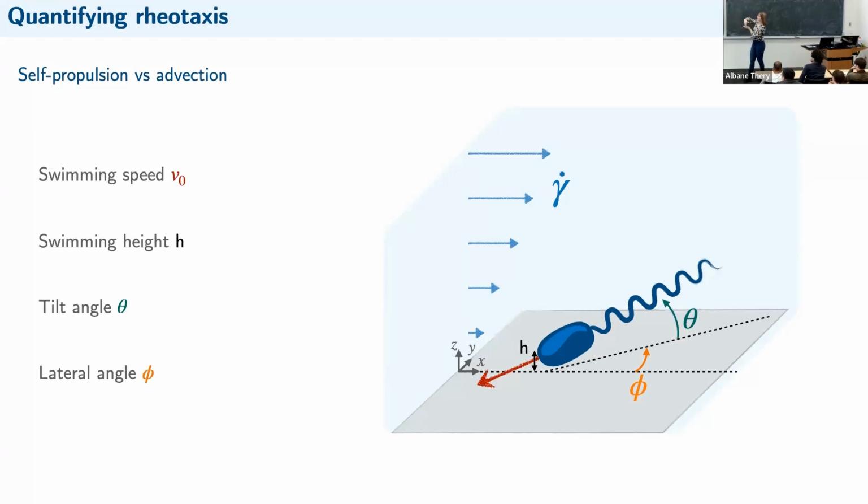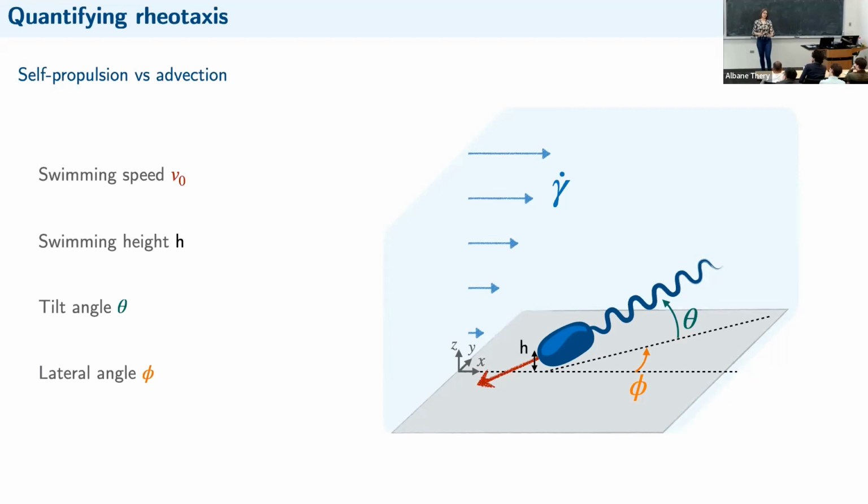And then you have a tilt angle and a lateral angle. Basically, if you know the angular position of the bacterium, then you know where it's going to go. It turns out that in the shear thinning model, theta is going to be constant. And so I'm going to completely ignore it and focus on the lateral orientation.